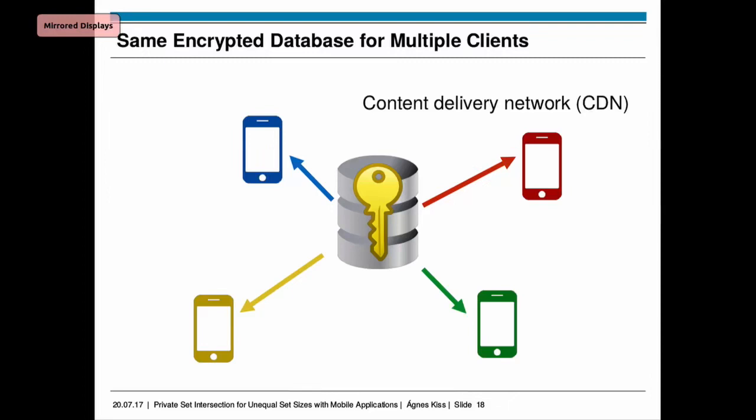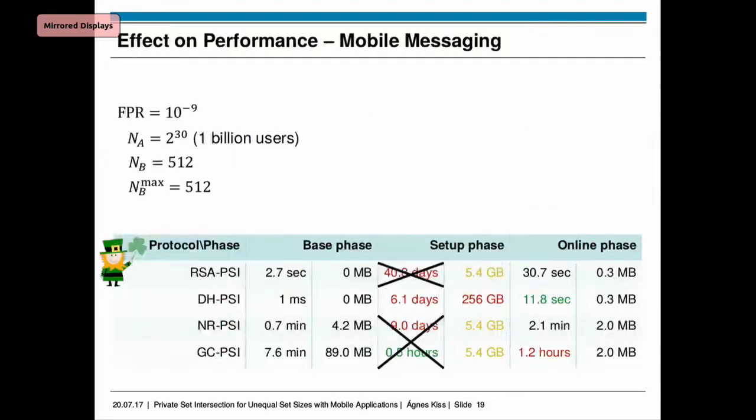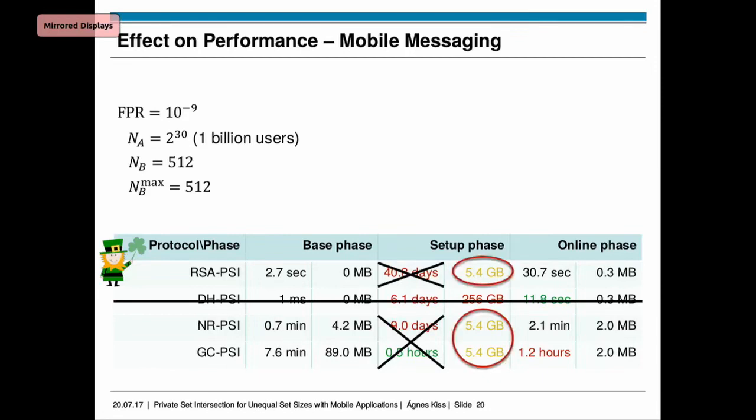This helps us save, in most of the cases, except for the Diffie-Hellman case, all these days of computation, or just a couple of hours. For Diffie-Hellman, we don't save it because the client also participates in encrypting the database, so we can kind of cross this solution out.